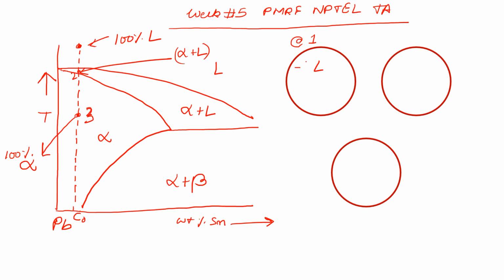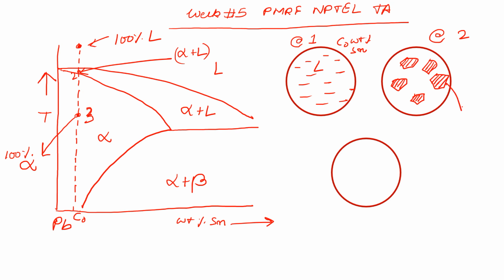So we'll have 100% liquid of composition C0. And at point 2 we'll have certain precipitation of the alpha phase. So this is alpha and this is liquid, still in the liquid part of the phase diagram, so alpha and liquid will be in equilibrium.